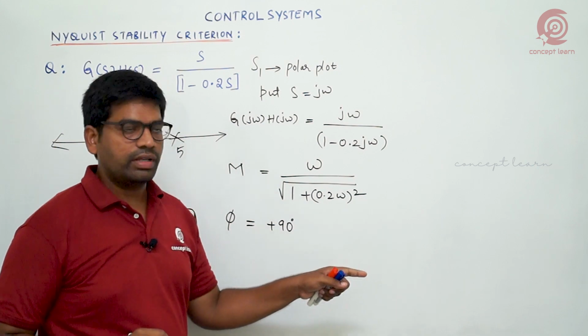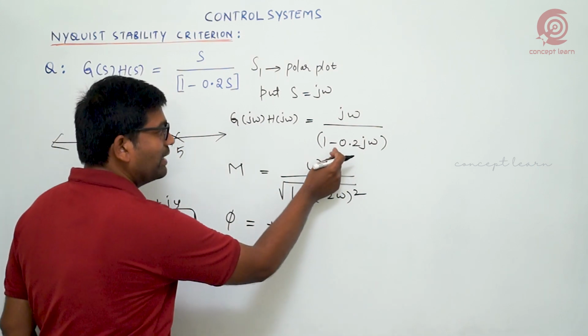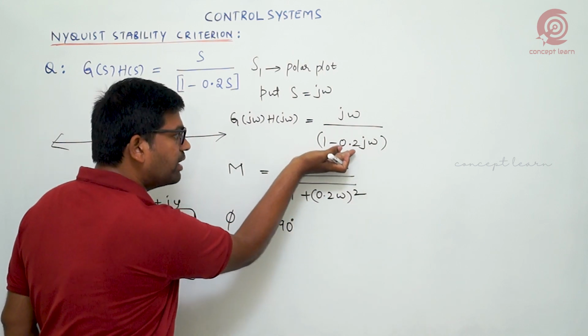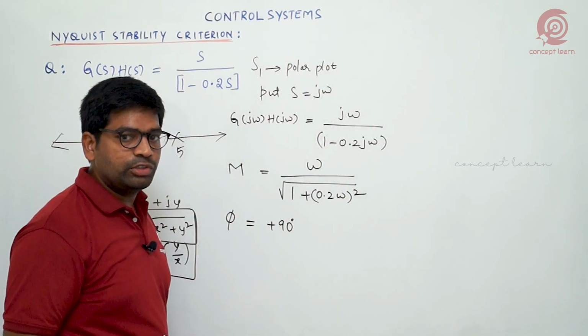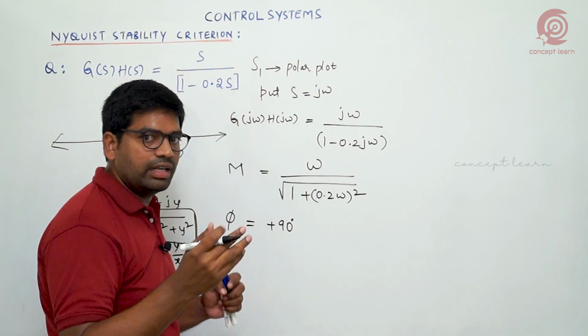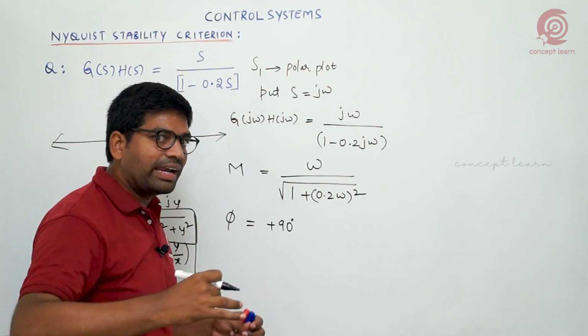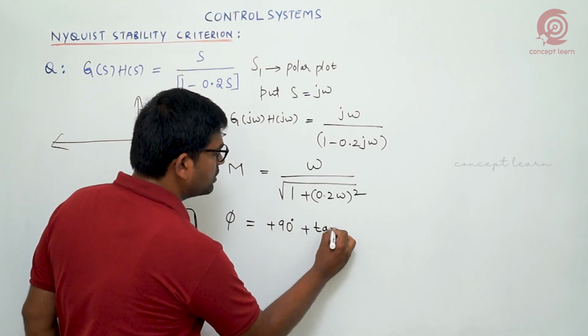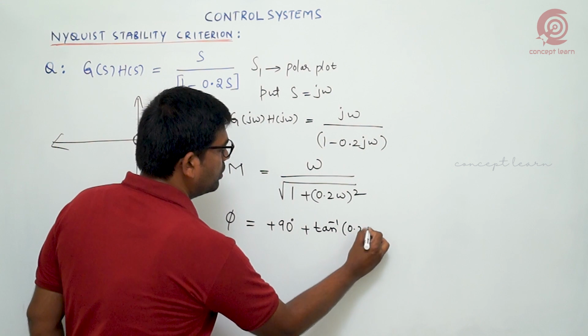When you look into the denominator, we get a minus sign, so minus tan inverse 0.2 omega. But it is in the denominator, so when I write the overall phase angle it comes to the numerator, and minus of minus becomes plus. We get plus tan inverse 0.2 omega.